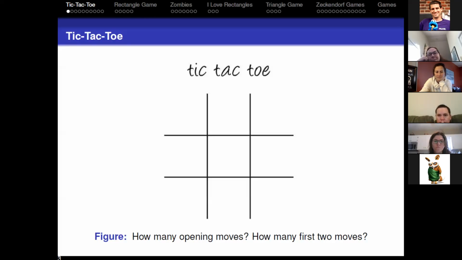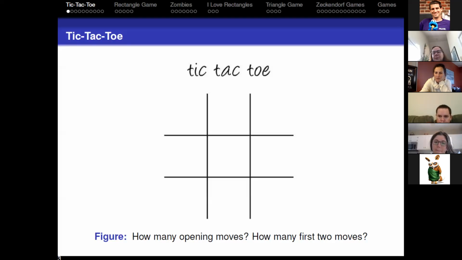So over here, if we look at symmetries, I'm going to re-ask the question. Up to symmetry, how many different opening moves are there in tic-tac-toe? 6. I claim it's even less than 6.